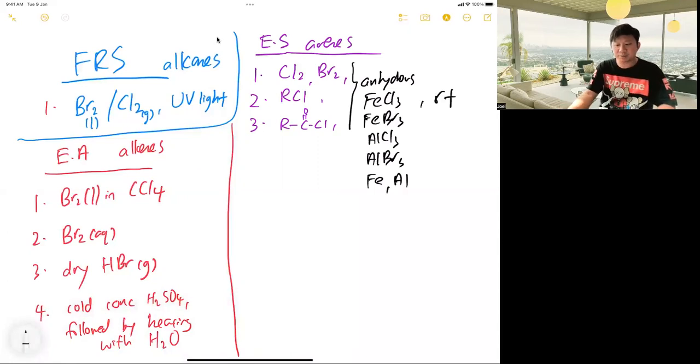At room temperature. Is it only Cl or Br? Both. It can be Br also, because it's a halogen that they want. Of course RCl, or very rarely RBr, and this one can also be COBr.